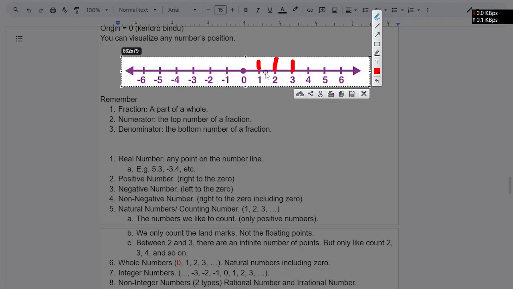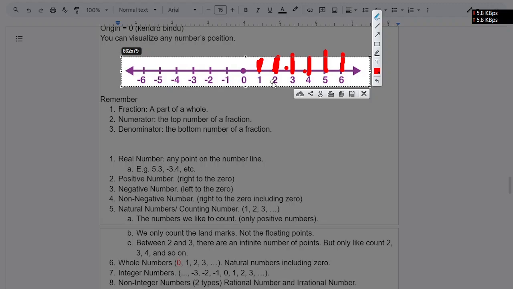I am not saying 1.5, 1.6, 2.2, 2.8. Those are not natural numbers or counting numbers. We like to count whole numbers, for example 1, 2, 3, 4, 5, 6. All these points are positive natural numbers, counting numbers.